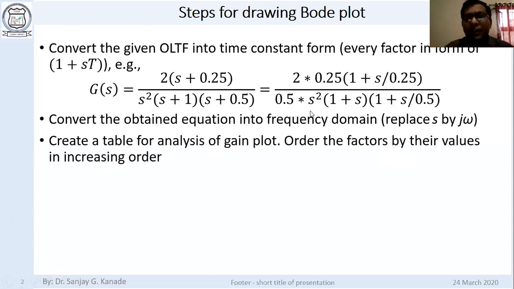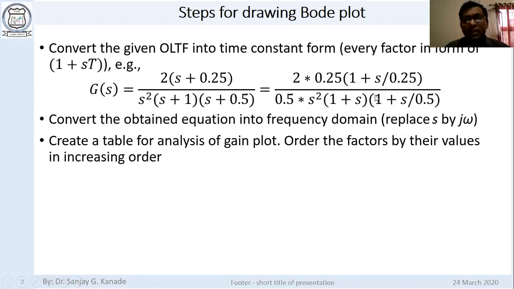Now what are the factors in this equation? The gain factor K, and K is equal to 1 in this case. That is one factor. Then the next factor is s square, means repeated poles or a double pole at origin.